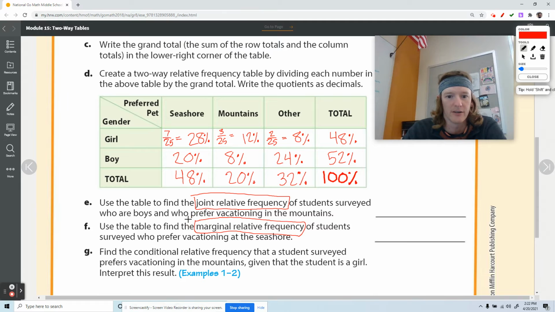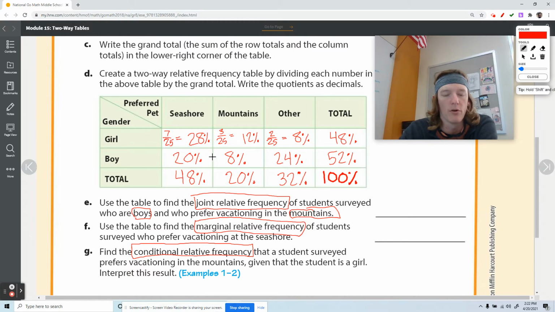For letter E, we're going to do the joint relative frequency. What the joint relative frequency means is there's going to be 2 things we've got to look at. So for E, joint means more than one. There are 2 things that are connected. So use the table to find the joint relative frequency of students surveyed who are boys who prefer the mountains.